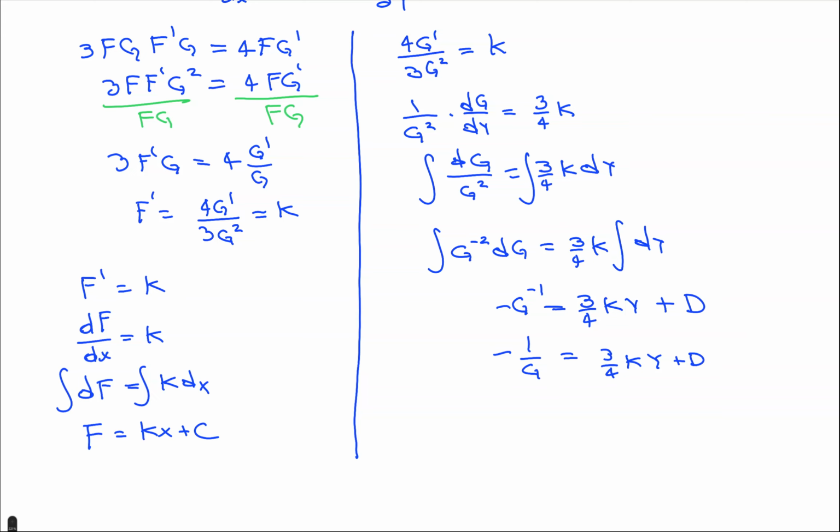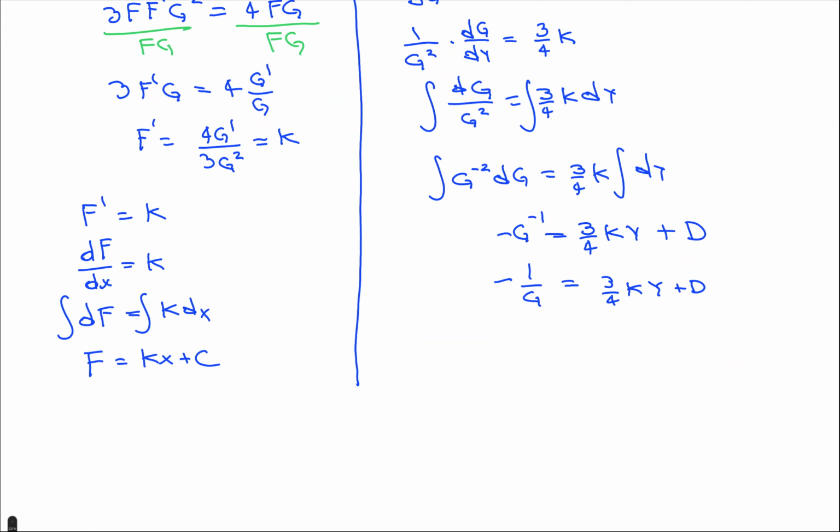I'm going to multiply both sides by negative 1 to get 1 over g equals negative 3 over 4 ky plus d. So I'm going to distribute the negative sign. Distributing the negative over the first term leaves us with negative 3/4 ky.